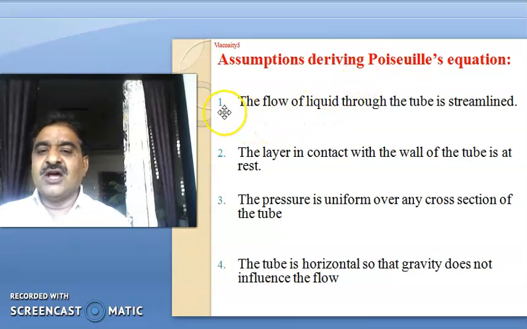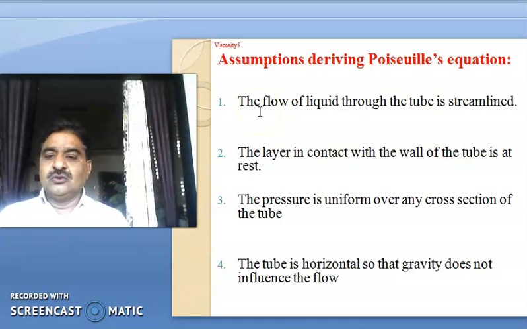Those assumptions are: number 1, the flow of liquid through the tube or pipe must be streamlined, I mean laminar flow. Already we have seen in the previous lecture about laminar flow, I mean streamlined flow. Second assumption is the layer in contact with the wall of the tube is at rest, I mean its velocity is 0.